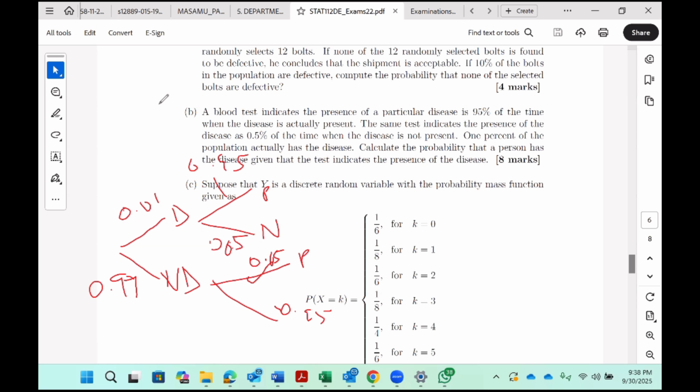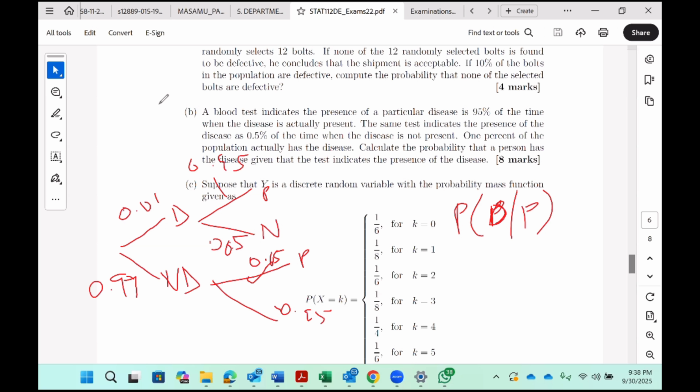So the probability that the person has the disease, given that the person tested positive. Those who didn't have the disease also tested positive, and those who have the disease also tested positive.